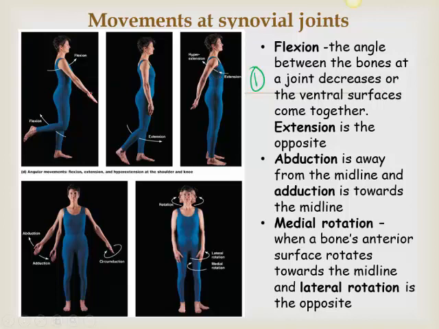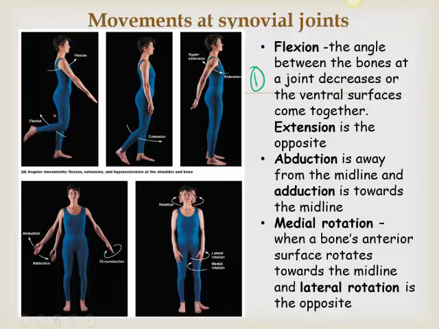So for example, if this person was to lift their arm up like this, or here where you notice the knee, where you're flexing your knee. Notice the angle between the two bones is decreasing. And here, if you lifted the arm up, like you flex your elbow this way, the two ventral surfaces are coming close to each other, plus the angle between the bones decreases.